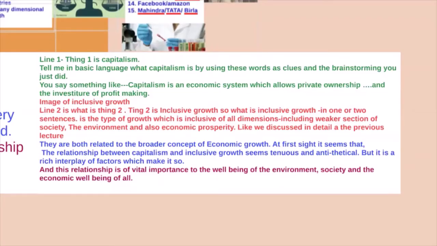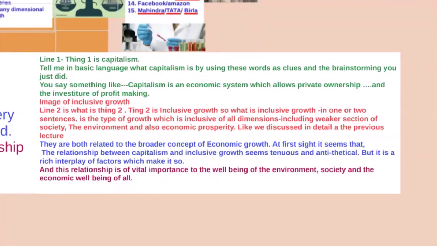Then move on to the third line where you want to talk about that relationship a little bit. And like we just analyzed a few moments ago, we know that the keystone word is economy. I'm going to use that word here. And so in the third line, we say they're both related to the broader concept of economic growth. At first sight, it seems that the relationship between capitalism and inclusive growth is tenuous, but there is a rich interplay of factors which make it so.